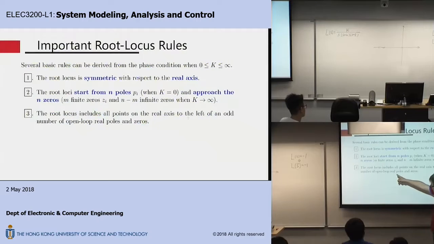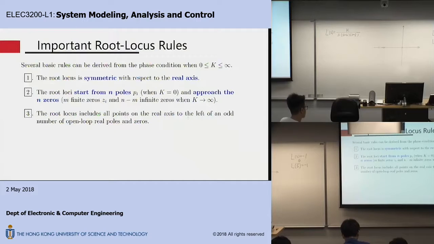When I say n zeros, what do I mean? Well, it means the finite zeros plus the infinite zeros.